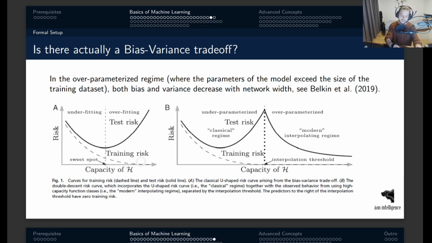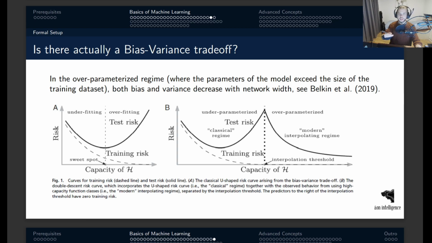So this is the classical depiction of the bias-variance trade-off, as I've explained on a previous slide. On the x-axis, you have the capacity of H, and on the y-axis, you have the risk. And we called that the error on a previous slide. Let's first look at this training risk.